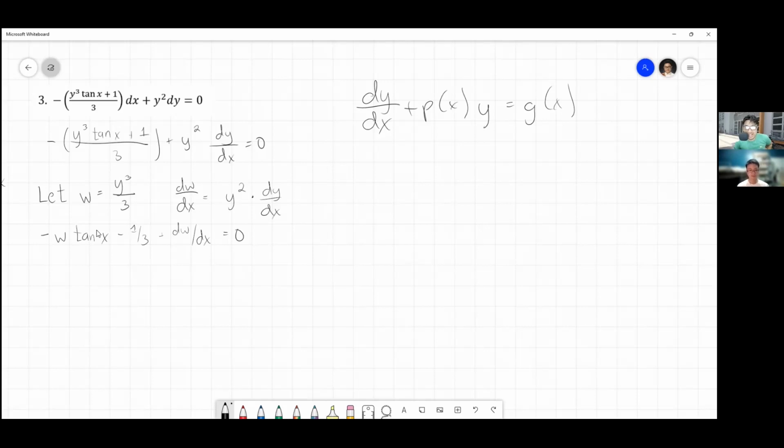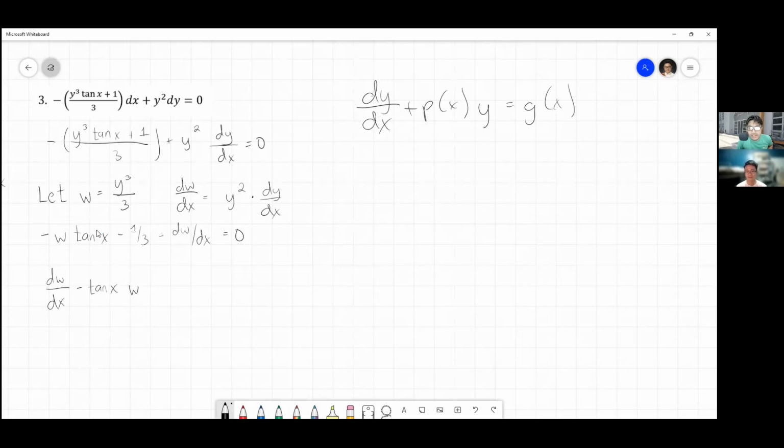So, rearrange na lang natin yan. So, dw over dx, ito yung derivative na to. Yung meron naka-multiply na function in terms of x, tapos naka-multiply yung dependent na variable. Ito yon, itong w tangent x. So, magiging dw over dx minus ito yung function in terms of x, tapos ito yung ating dependent variable.